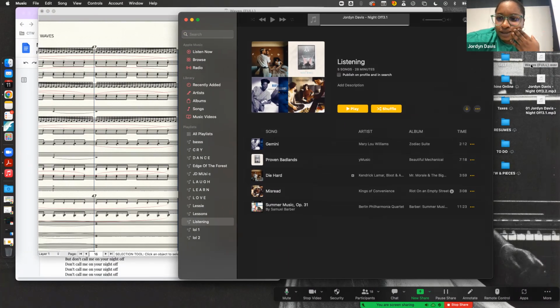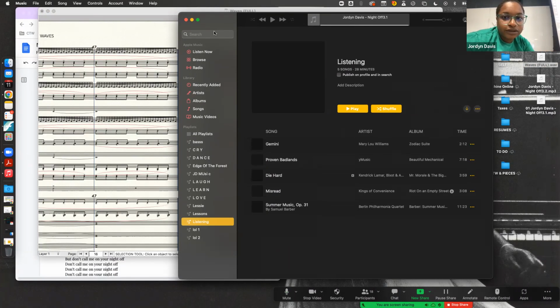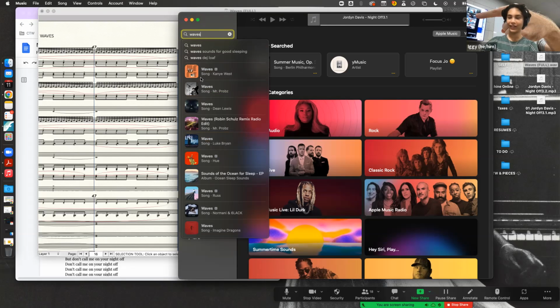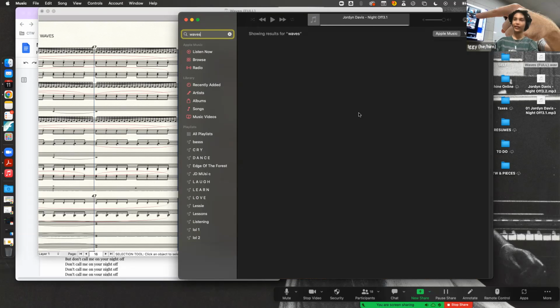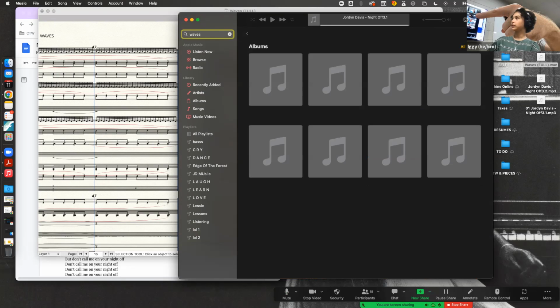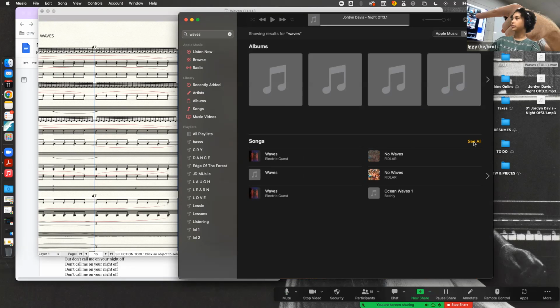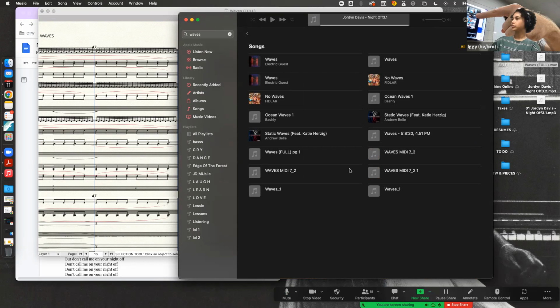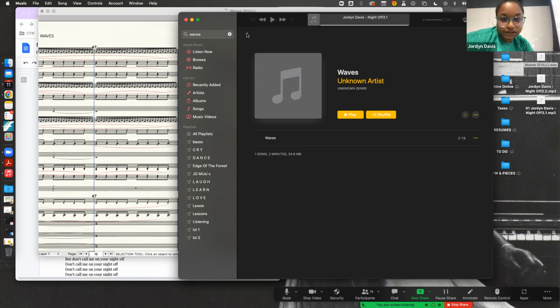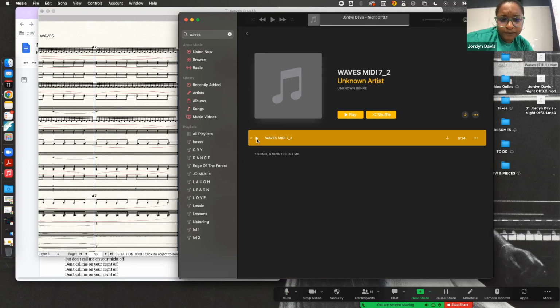I don't know if I can get this to work. Sometimes it doesn't work. There it is. There's a lot of renditions of this, so maybe this is it actually.